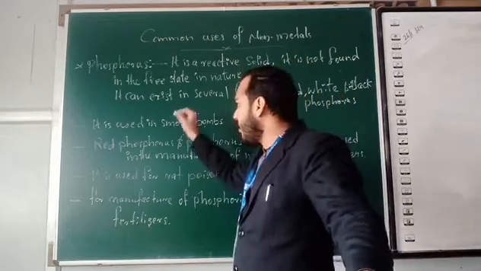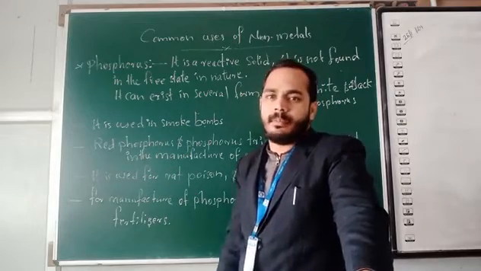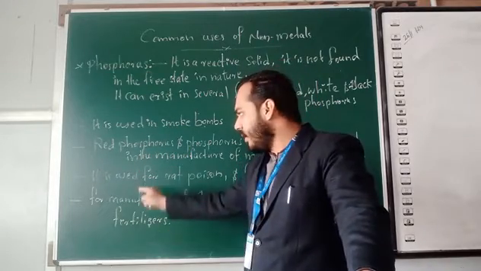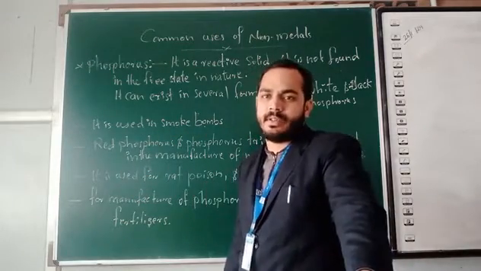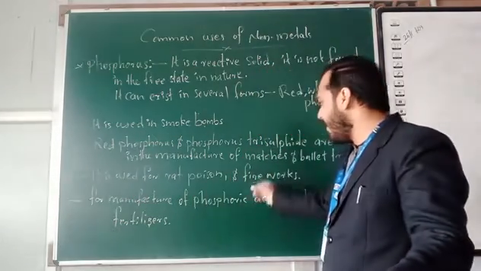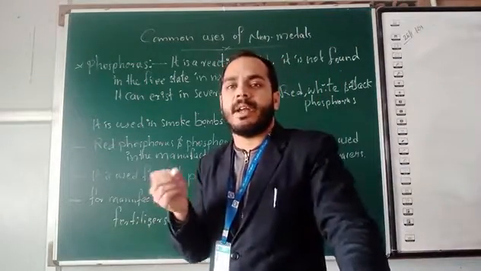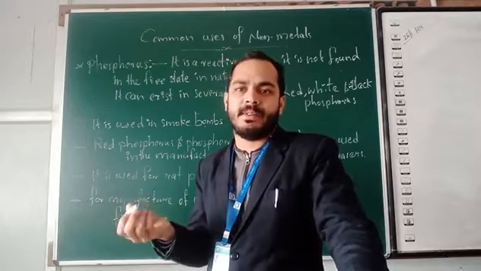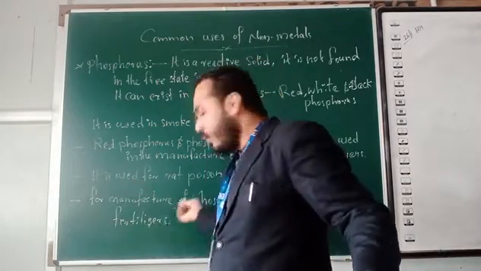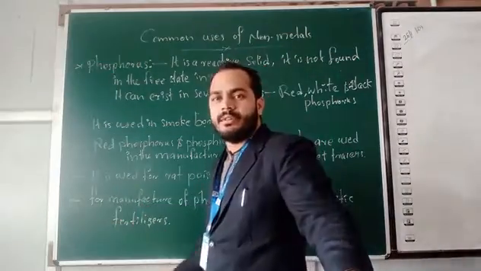That's why it is very dangerous for humans and other animals, but it is mostly used as rat poison. It is also used for fireworks because of its inflammable character, as in matches and bullet tracers.